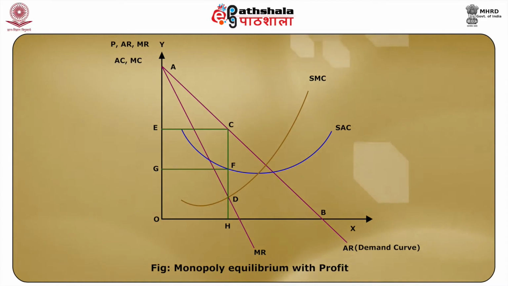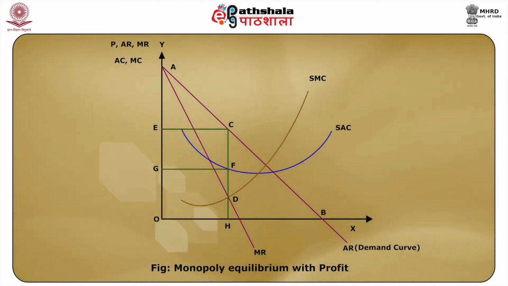In the figure, AB is the demand curve of a firm and MR is the marginal revenue curve. The short run equilibrium is given by the point D, where the short run marginal cost curve cuts the marginal revenue curve from below.